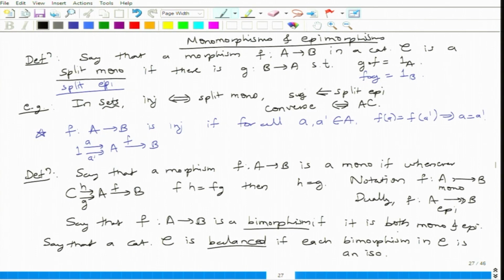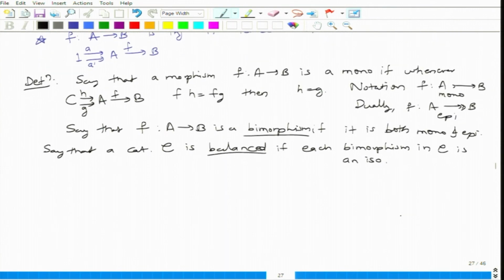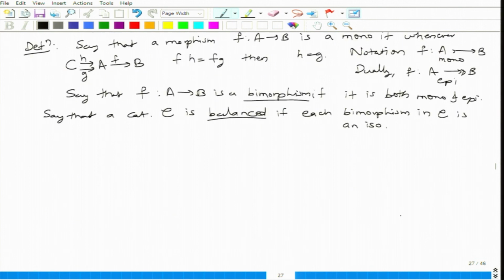Okay, so some categories are balanced, some categories may not be. So now we are ready to look at some examples.